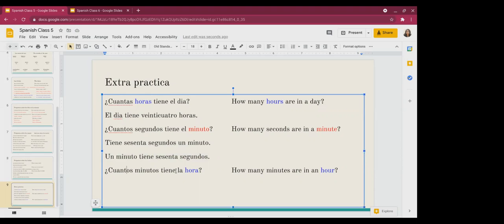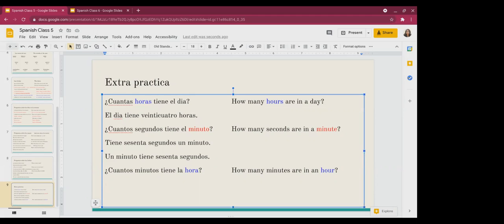So now the next one is, ¿cuántos minutos tiene la hora? What I'm asking is, how many minutes are in an hour, right?